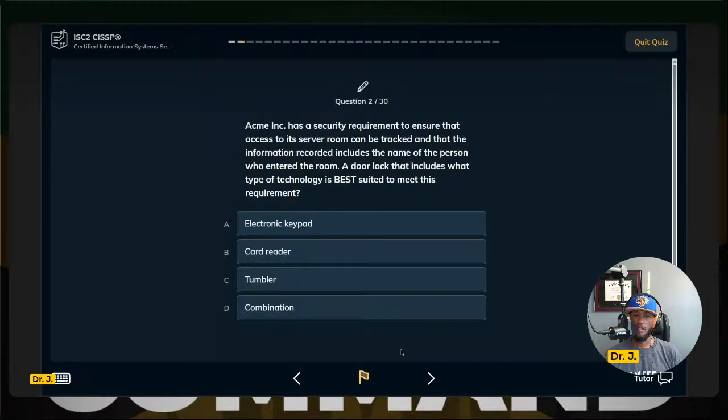I have to say that's gotta be the electronic keypad. Let me just look at this again. It has a security requirement to ensure access to a server room can be tracked, and the information recorded includes the name of the person who entered the room.